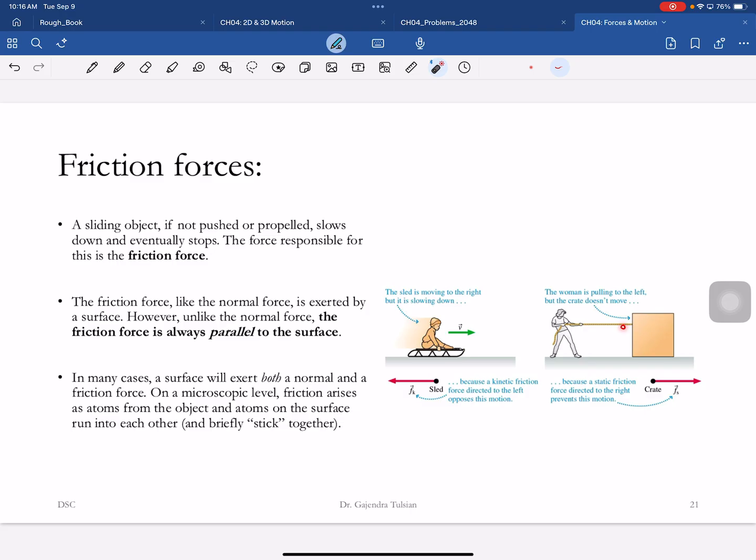Let's say I pull with a force of 50 pounds. The box didn't move. What was the static friction force? 50 pounds. I pull with a force of 100 pounds. The box didn't move, and the static friction force was 100 pounds.